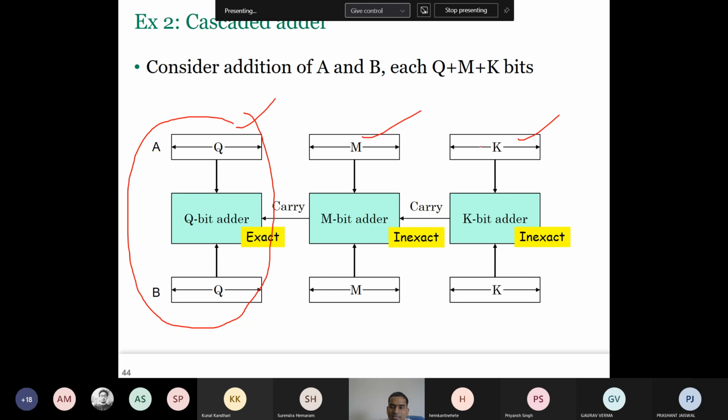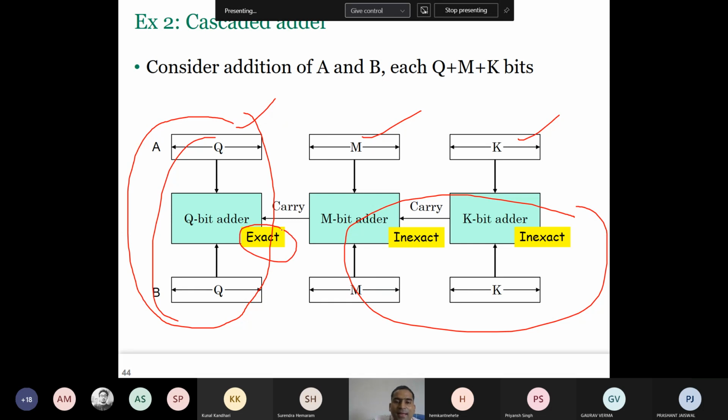So for adding the LSBs, we can use inexact adders, and for the MSBs, we can use an exact adder. In this way, the impact of approximation will be reduced, because on the MSBs we cannot afford to introduce a lot of errors that will have a huge impact. But on the LSBs, we can use an inexact adder.